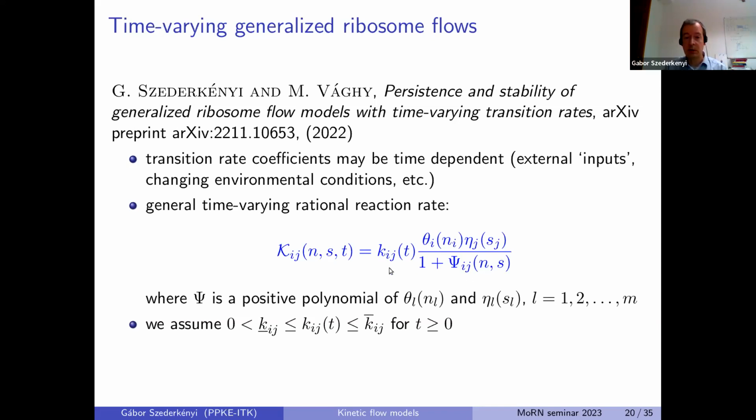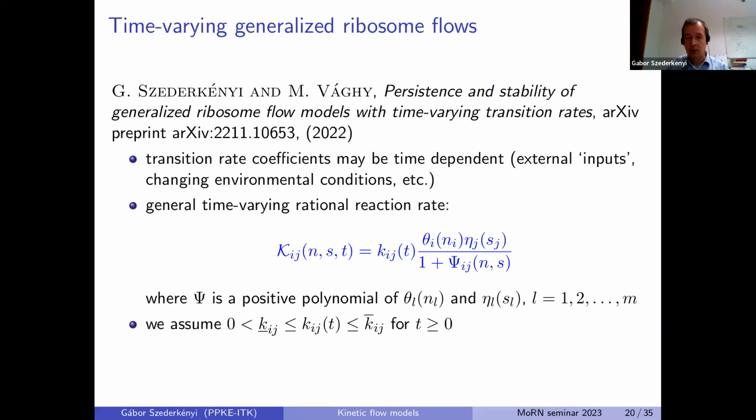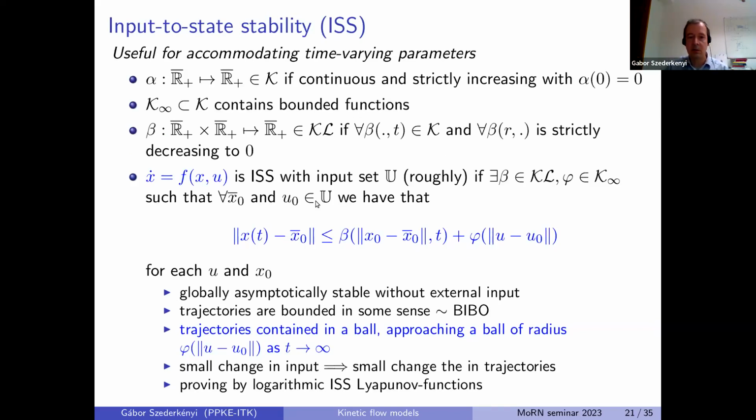So this is the general rate function. In this case, generally we do not have equilibria, so we have to use another notion for stability.